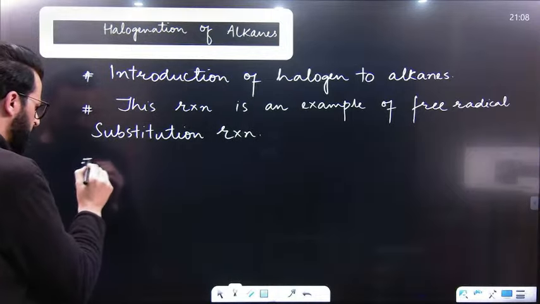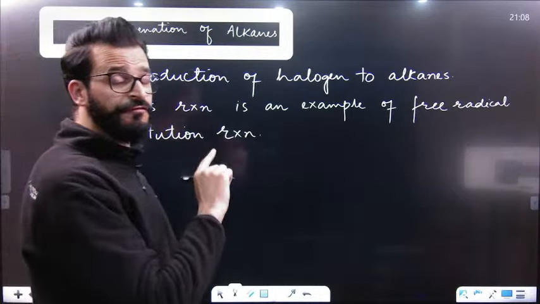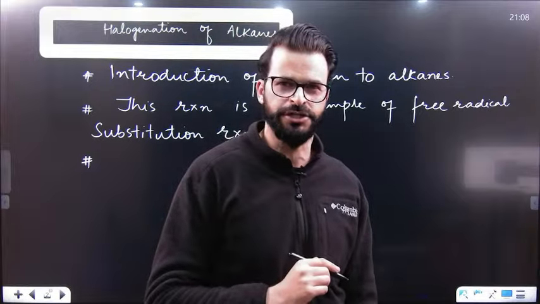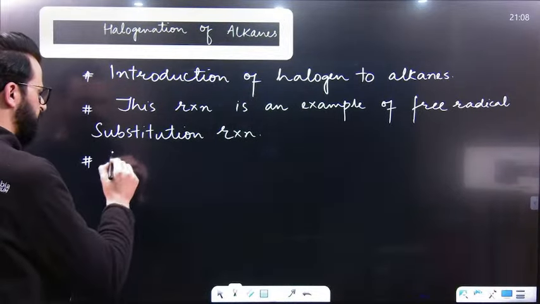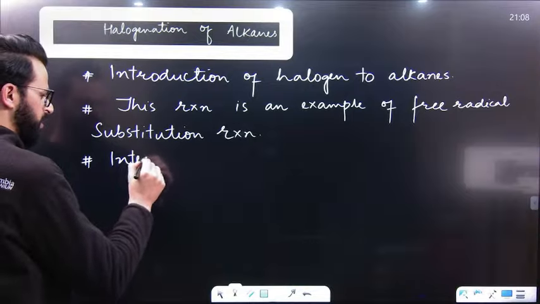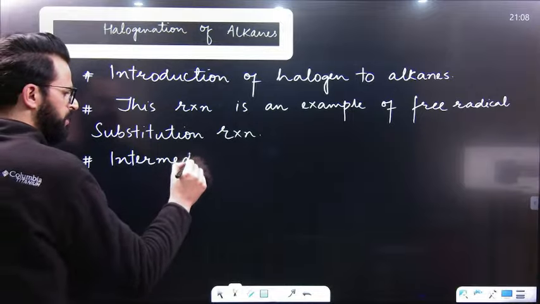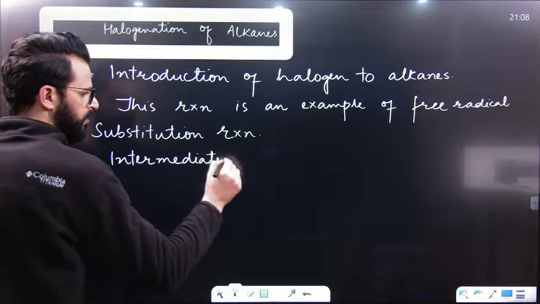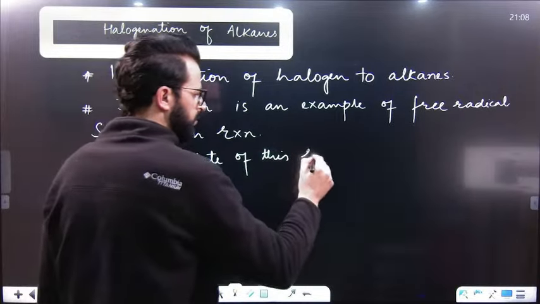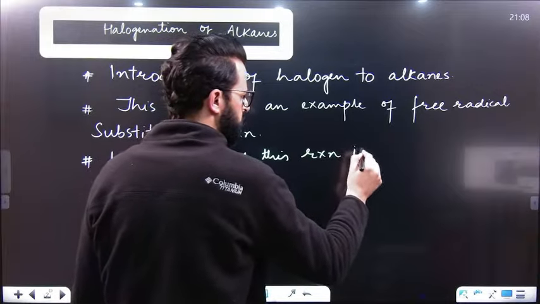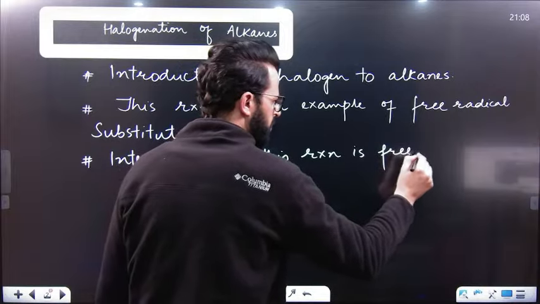Point number 3, as this is a free radical substitution reaction, the intermediate of this reaction will obviously be a free radical. So point number 3 is: the intermediate of this reaction is free radical.